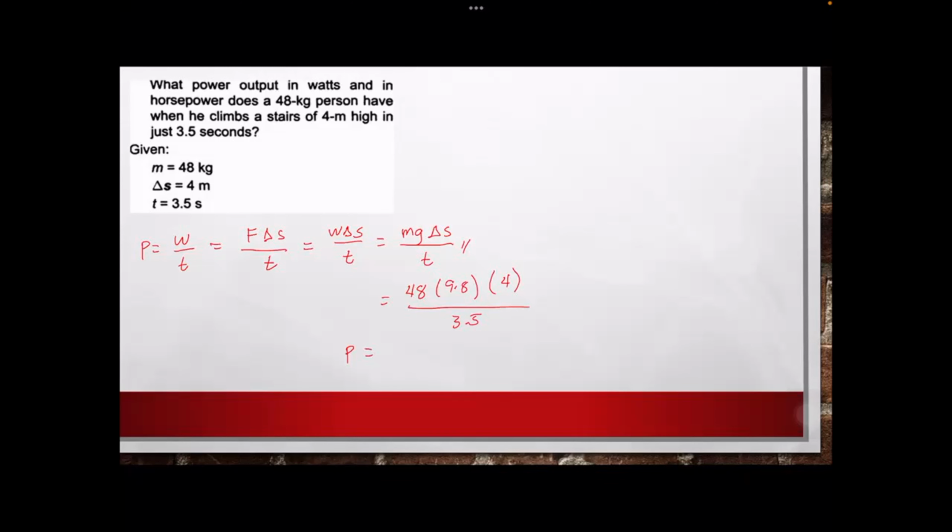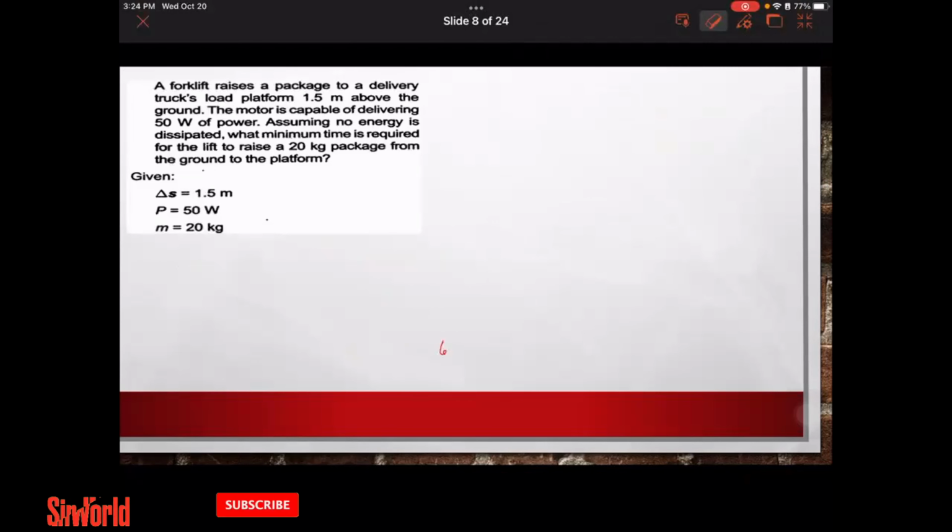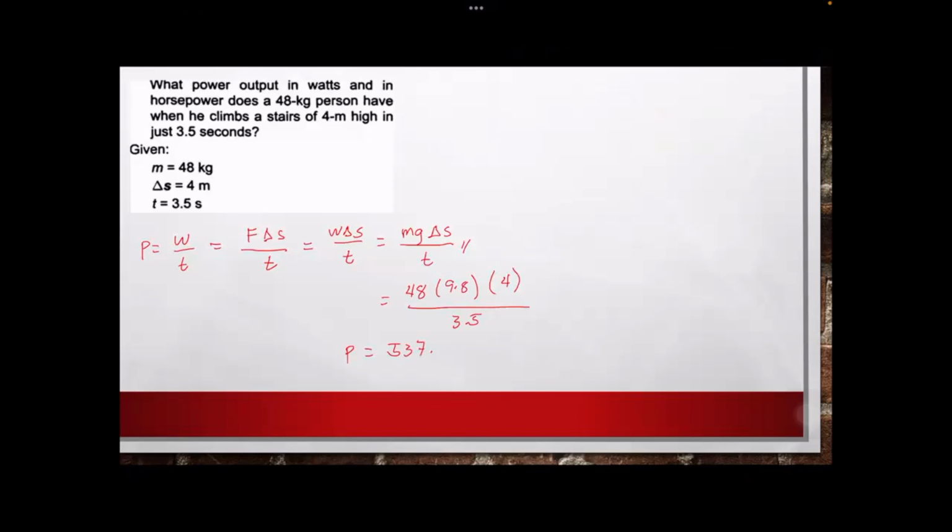Can you please compute this? 537.6 po. So magkakaroon ng 537.6 watt. That's the answer for the power.